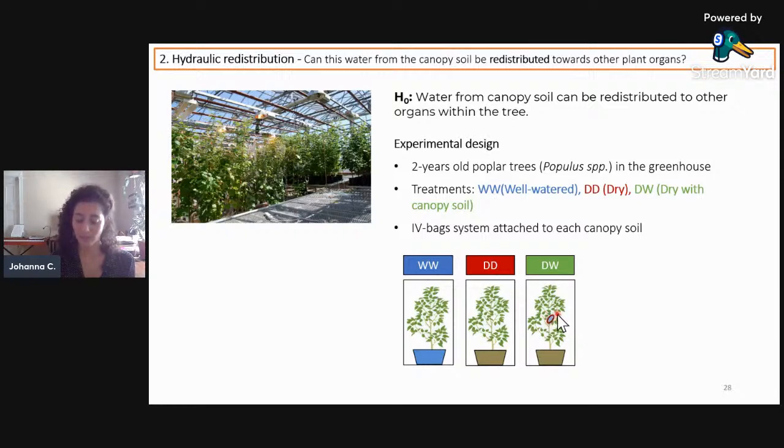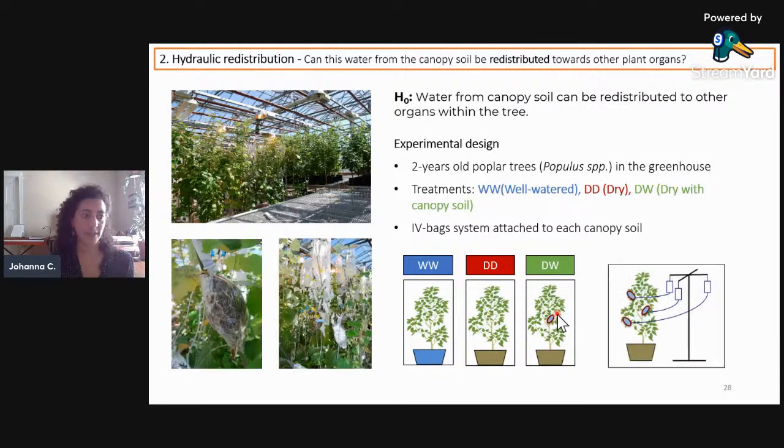Each tree has 3 different canopy soil systems that were connected with IV bags. And then we were administering water through the IV bags directly to the canopy soil, just making sure that the pot was completely dry. And so these trees were only able to uptake water from those canopy soils.